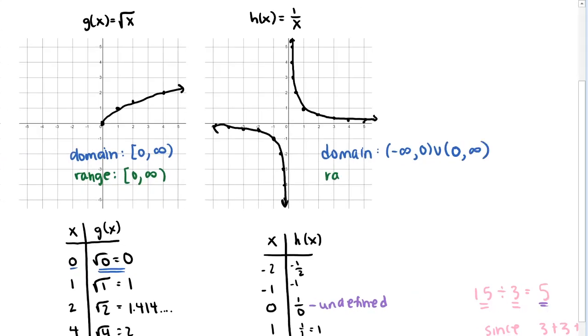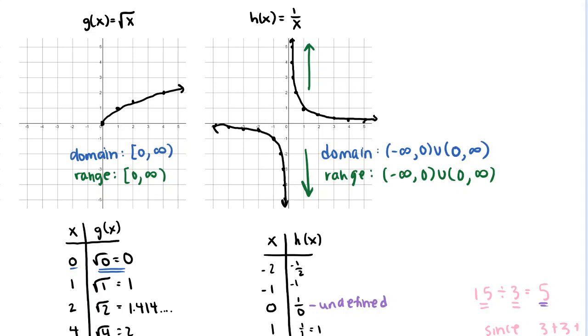And then the range, this is actually the same thing. Everything but the value 0. We can see here that this graph is going to go all the way up. It's going to continue upwards. It's going to continue downwards on this left side. We get all the y values, above and below.